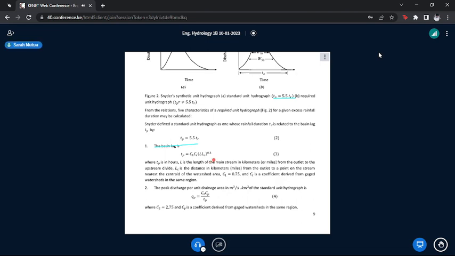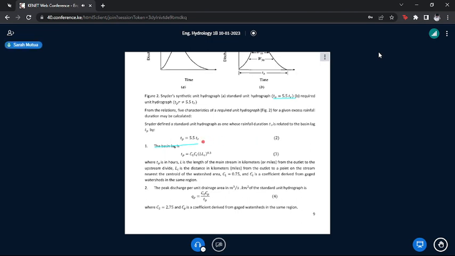Normally C1 is given as 1.0 for the English system, and CT is a coefficient derived from gauged watersheds in the same region.